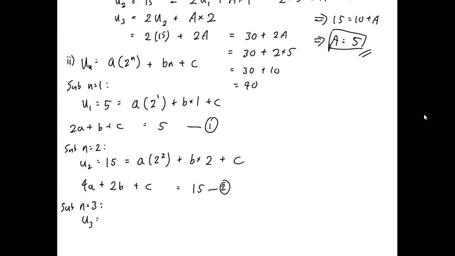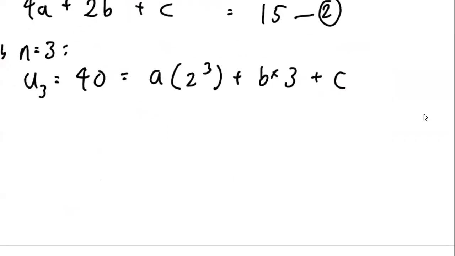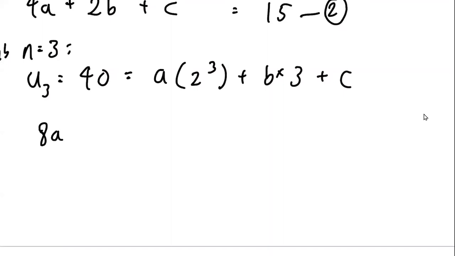You get u3, which we already calculated as 40, right? u3 is 40. So that means 40 equals a times 2 to the power of 3 plus b times 3 plus c. Okay, now simplifying, what do we get? 2 cubed is 8, so 8a. 3b is just 3b. c is just c, equals 40.